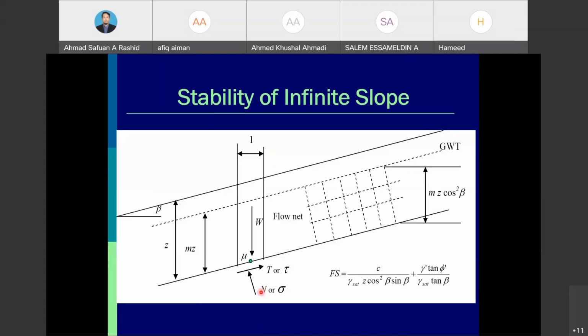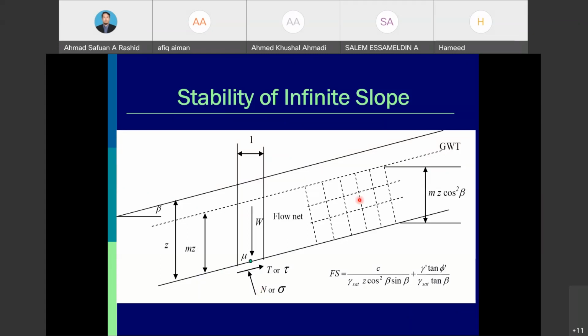So later on, how could we cater for the problems where the water level is below the slope surface, however, greater than the failure surface?